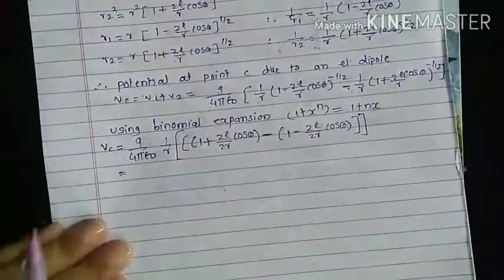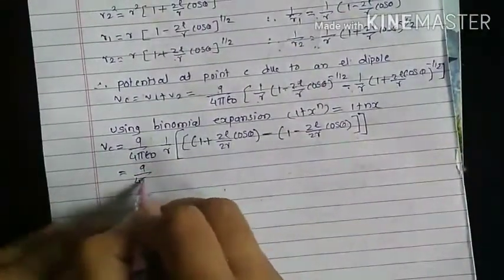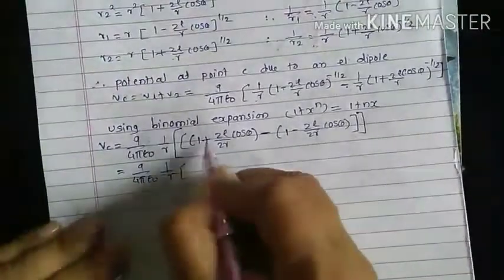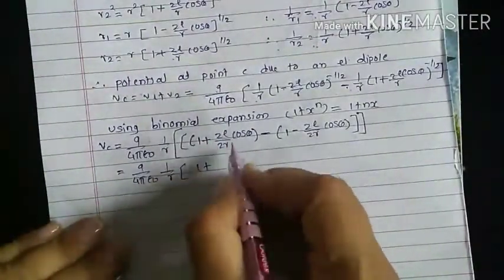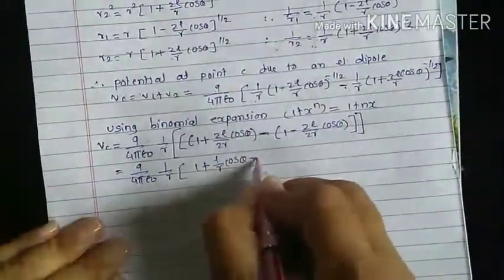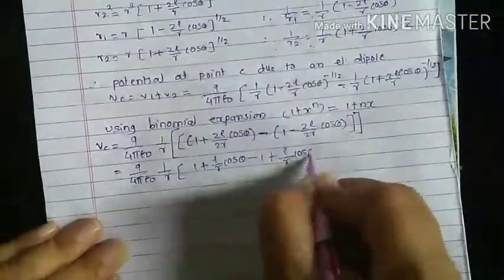This is equal to Q upon 4 pi epsilon naught, 1 upon R, 1 plus L by R cos theta minus 1 plus L by R cos theta.